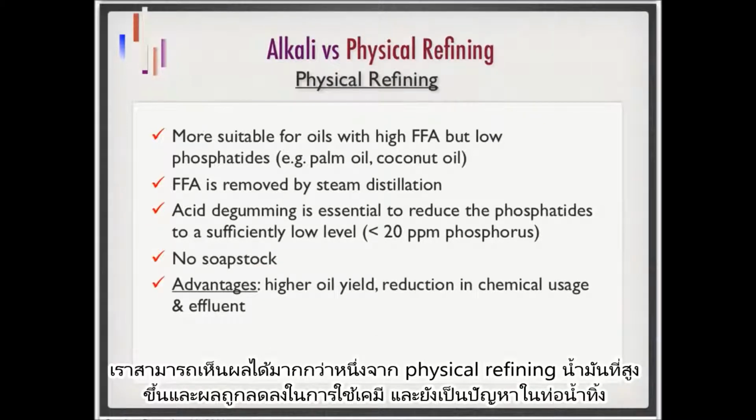So in general, we can say some of the advantages of physical refining. We can get a higher oil yield, and we can get a reduction in chemical usage, and also less problem with waste treatment.